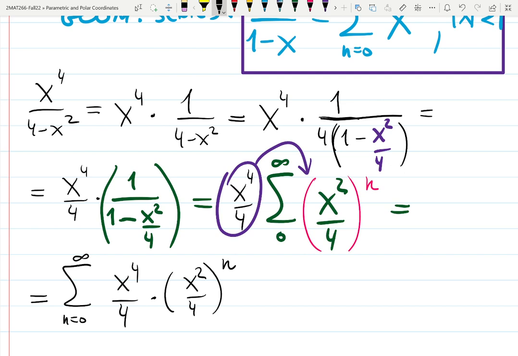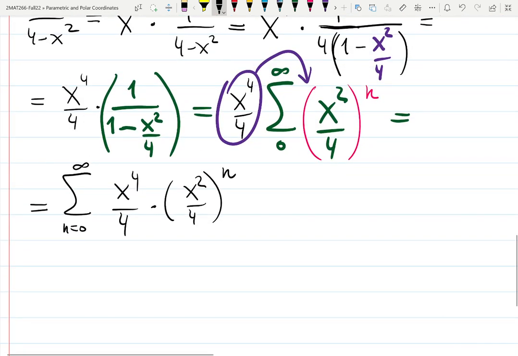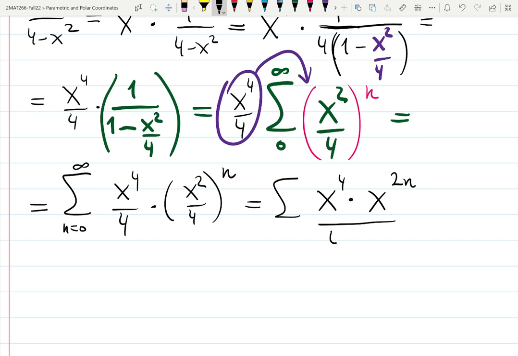You use them, and now they're all messed up like so, and you need to know which one to choose. Thus, you need to collect terms. It will be the sum of x to the 4 times x to the 2n. That's the properties of exponents. I'll review it in a second too. All over 4 times 4 to the n.